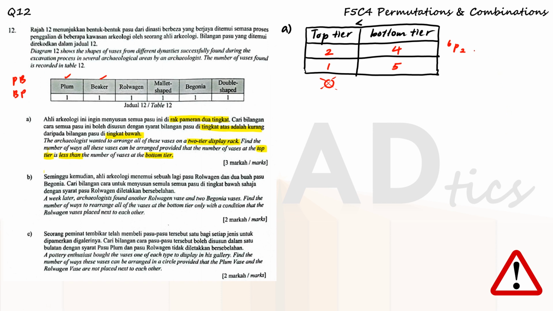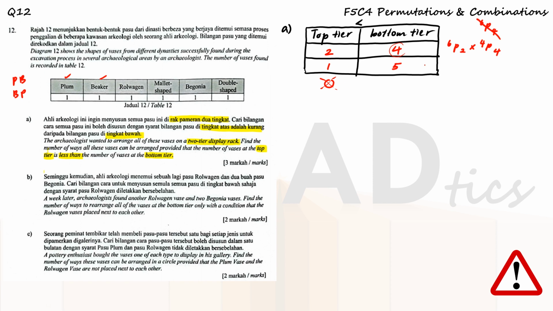Since we already chose 2 out, there are only 4 left, and we need to arrange them in the 4 spaces we have, so here will be 4P4. Here is not 6P4, because we have already taken out plum and beaker.